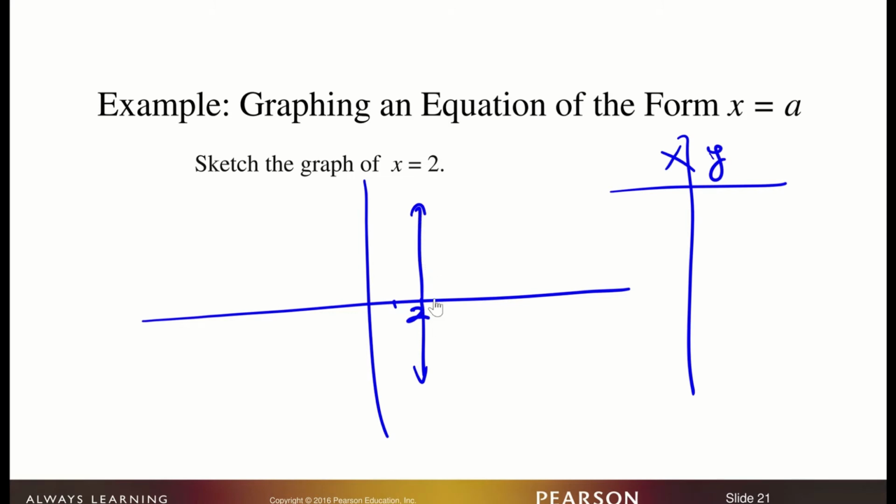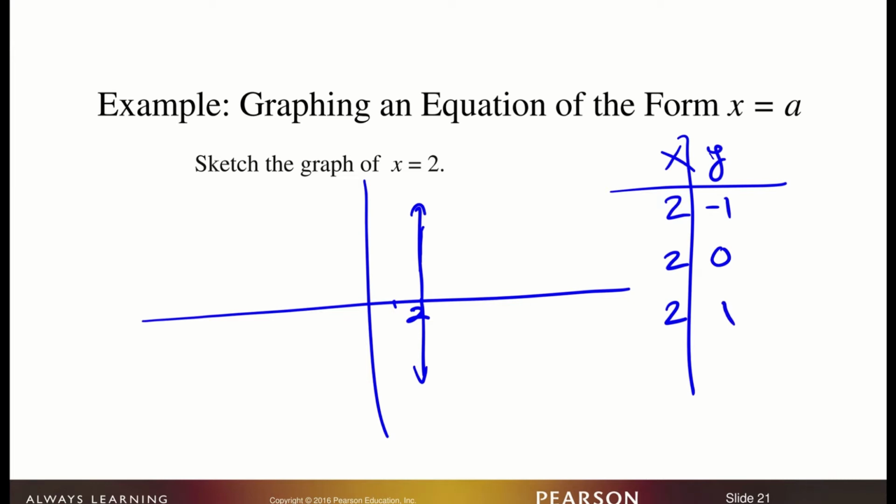And notice for every point on this line, the x value of the ordered pair representing that point will be 2. Or if you want to make a table, remember, one of the columns is going to be all the same number. Which one is it? You guessed it, the x. That's always going to be 2, right? So what y values should you associate with that? Any y values you like. For example, -1, 0, and 1.